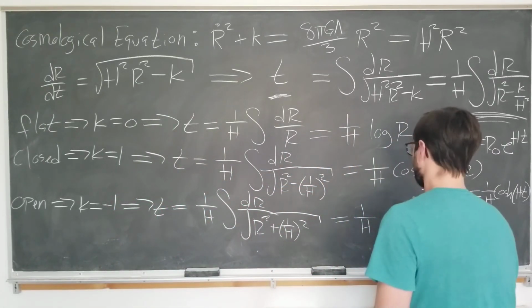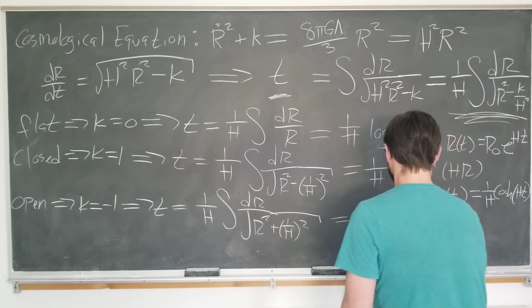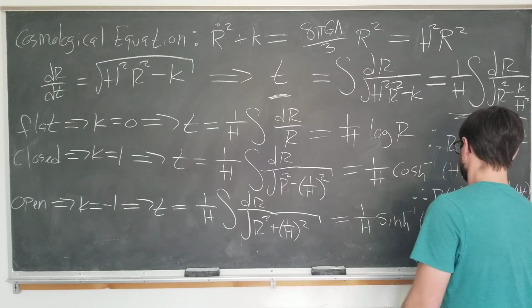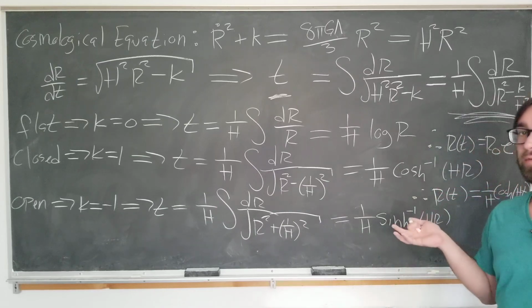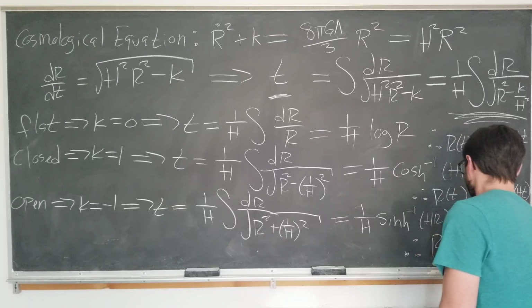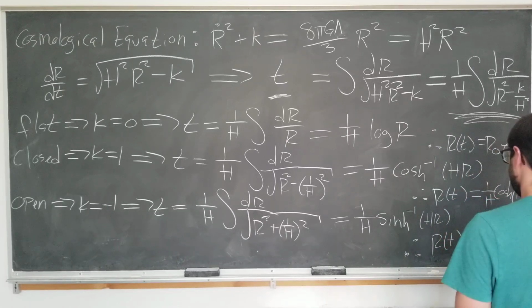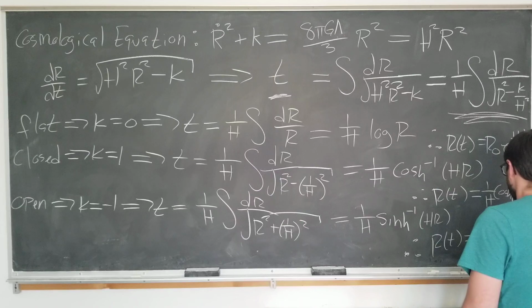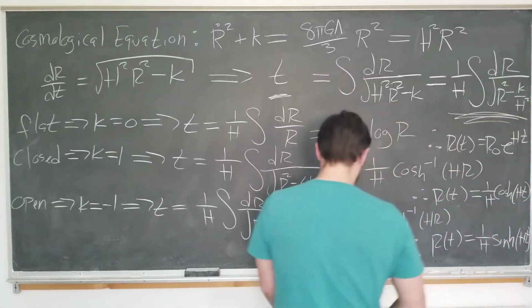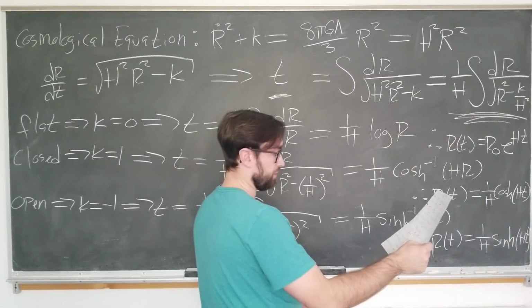You might guess it's going to be 1 over H sinh inverse of Hr. These are just horrible things to pronounce. Or we can invert the equation the same way. r of t is now equal to 1 over H sinh Ht.